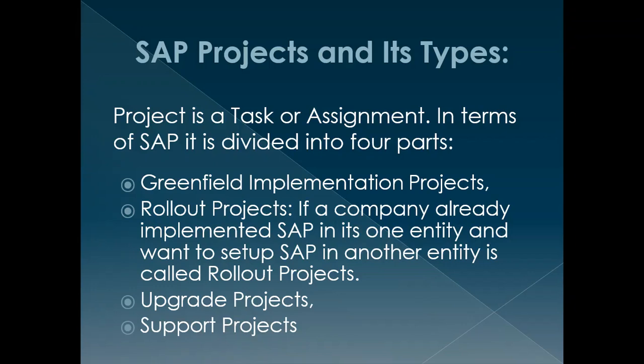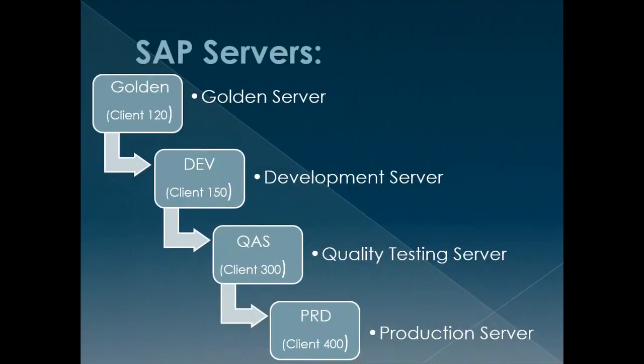Rollout projects. If a company already implemented SAP in its own entity and wants to set up SAP in another entity, it is called rollout projects. Upgrade projects. It means company A is having SAP ECC version and it wants to upgrade its version to S4 HANA.